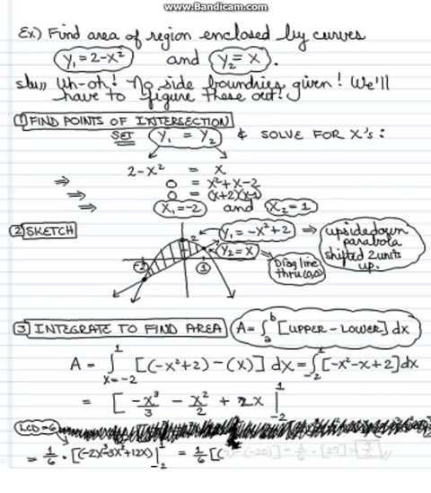That's 1/6 times the evaluation at the upper limit 1 minus the evaluation at the lower limit, which is 1/6 times 27. So the answer is 27/6, which simplifies to 9/2. That's our area between these two curves, 9/2 square units.